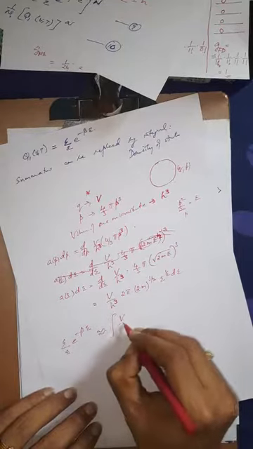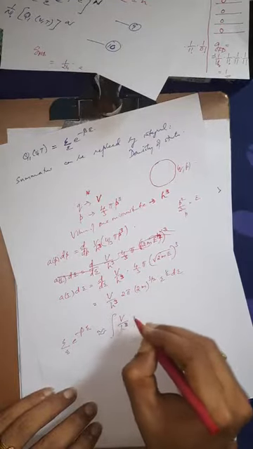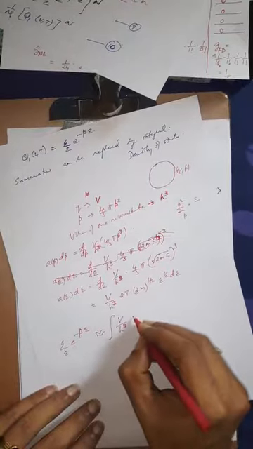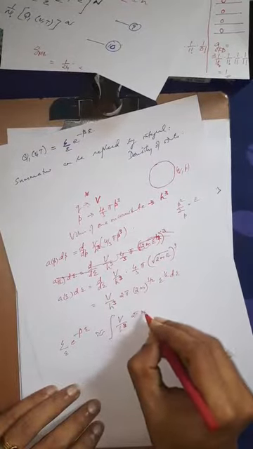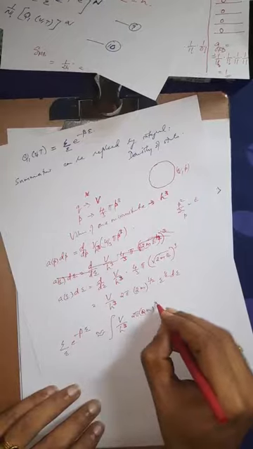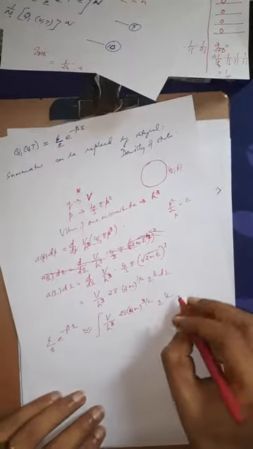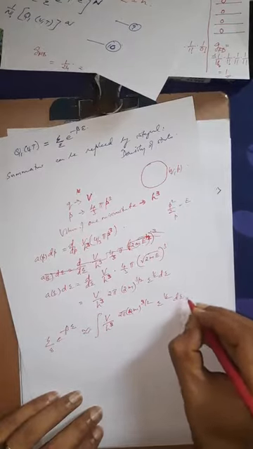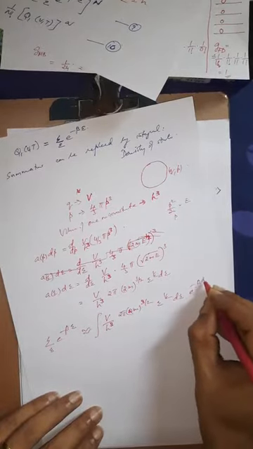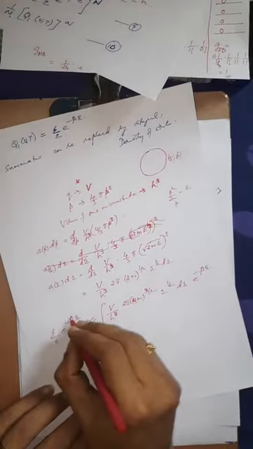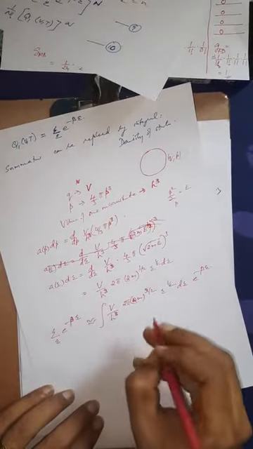So I just have to multiply by A(E) dE, right? So integral V by h cube 2 pi into 2m raised to 3 by 2 E raised to half dE e raised to minus beta E. So this is how I convert it.